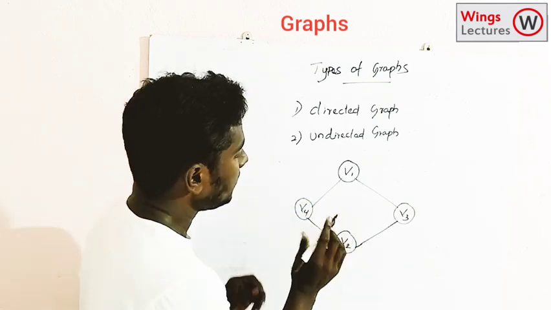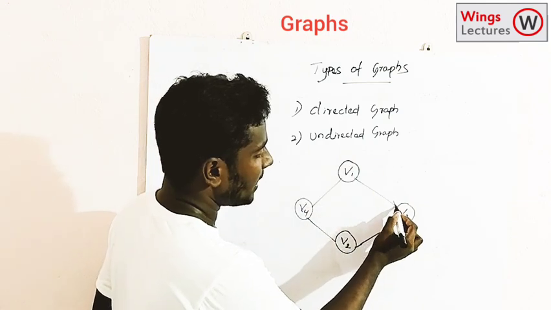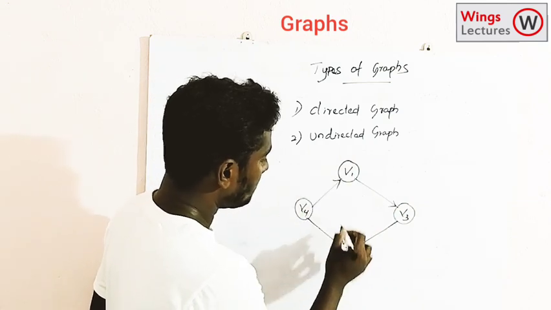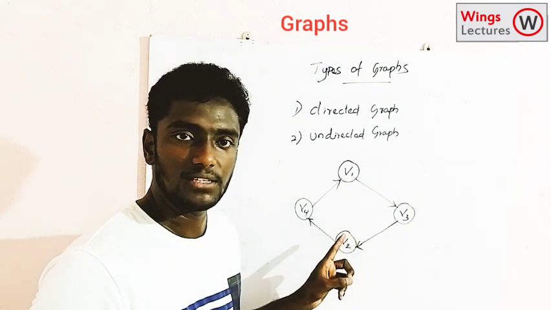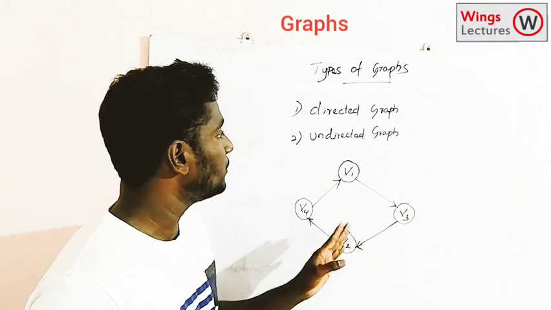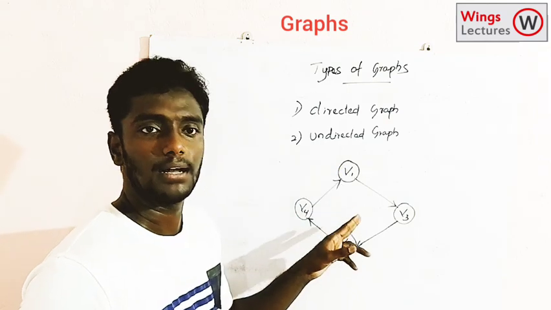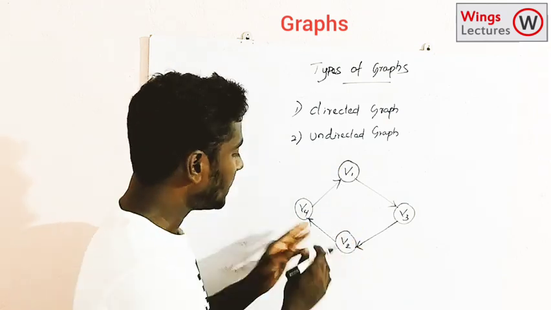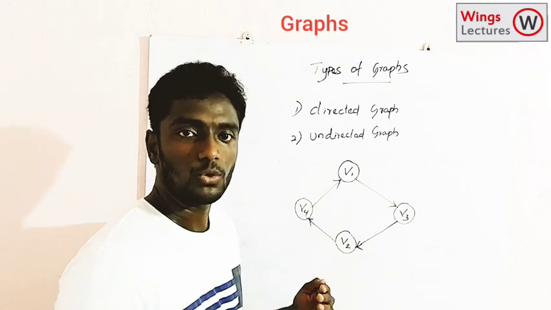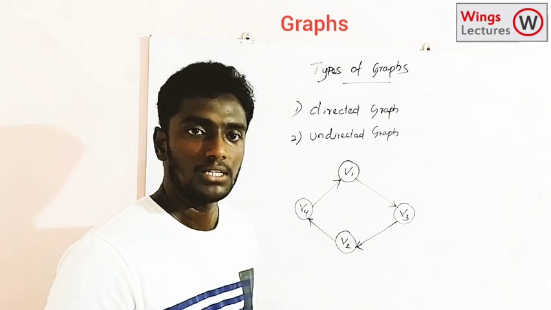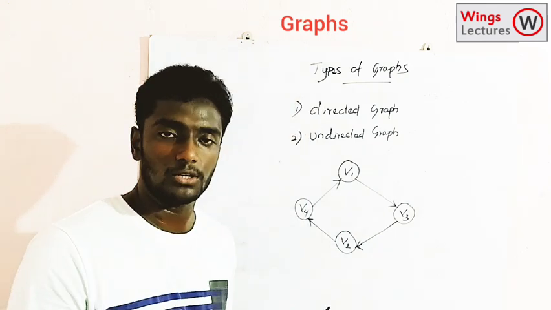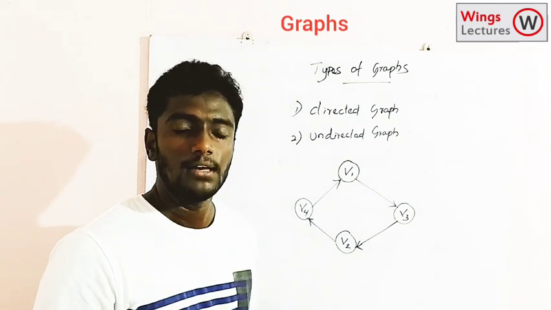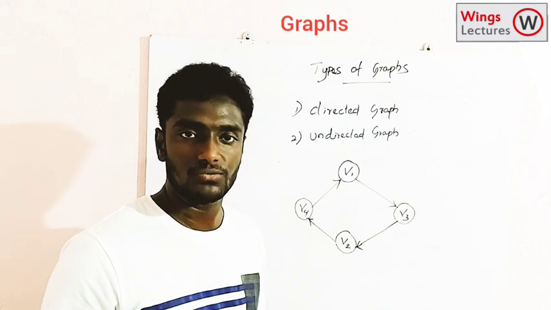If you have a direction between these edges, these vertices, we call this graph a directed graph. If there is no direction, it's going to be an undirected graph. We have some methods to traverse graphs, and we'll see about that in the next video.